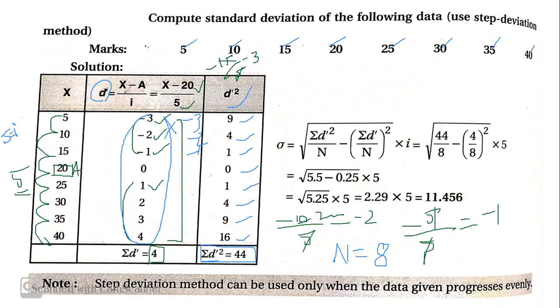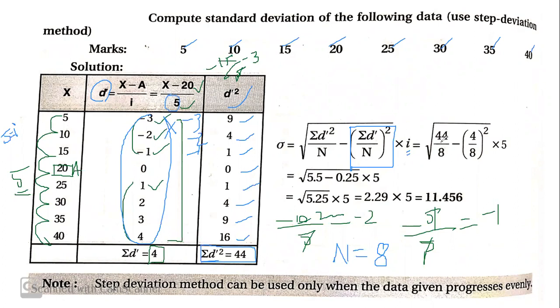Now let's apply all of them to the formula. The formula is sigma is equal to the square root of sigma D dash square divided by N minus sigma D dash by N whole square, into I. Be careful with the second part of the formula because it has a whole square. I is the common value, that is the 5 which we found here.